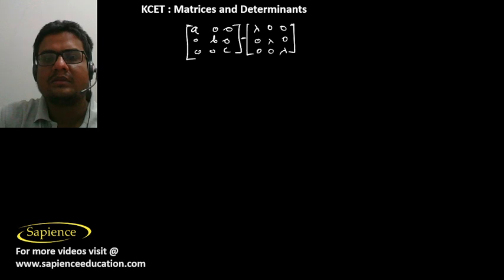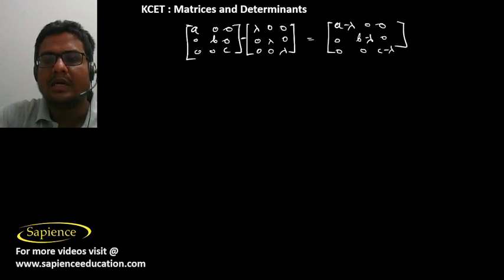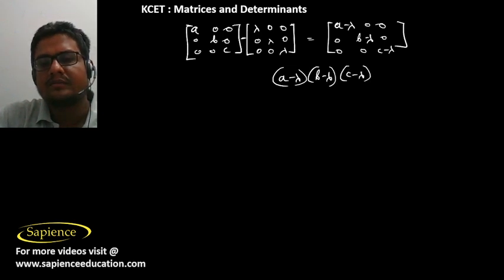So A minus lambda I will be A minus lambda 0 0, 0 B minus lambda 0, 0 0 C minus lambda. So the determinant of this will be A minus lambda into B minus lambda into C minus lambda. That should be equal to 0.